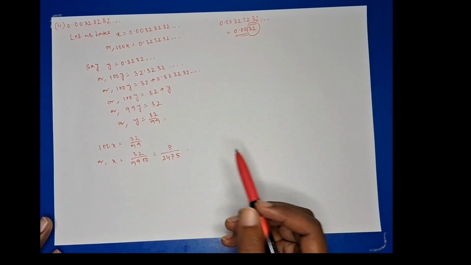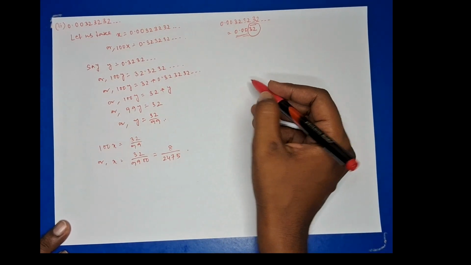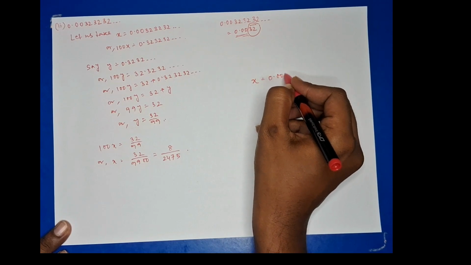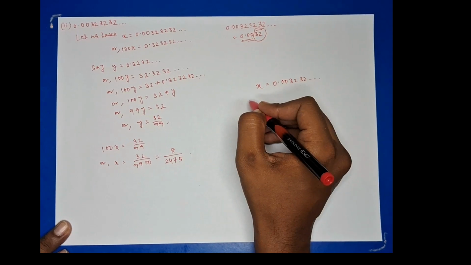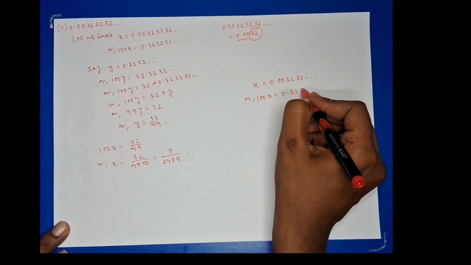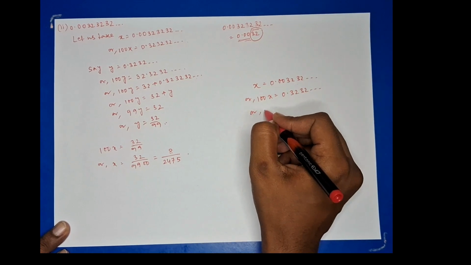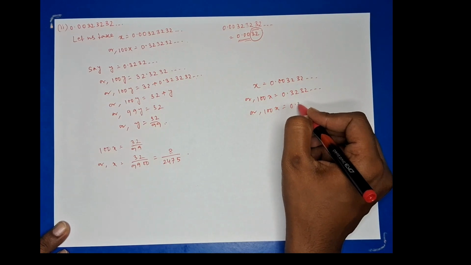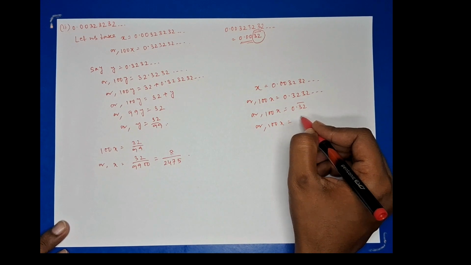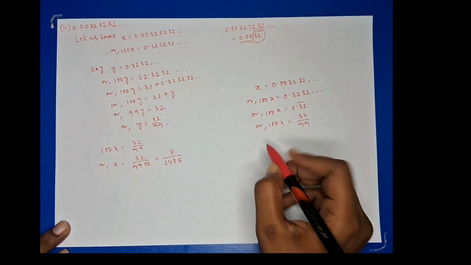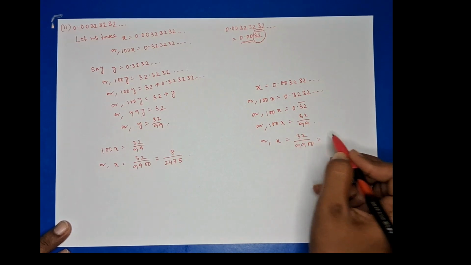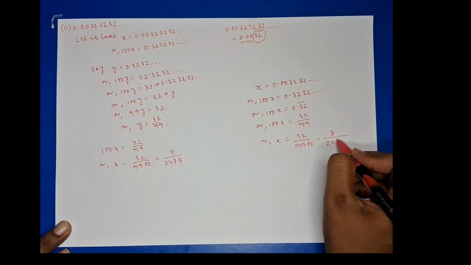And in a short method, we can take x is equal to 0.003232 dot dot dot, so 100x is equal to 0.3232 dot dot dot, which is 0.32 bar, and we can directly write 0.32 bar as 32 by 99. So x will become 32 by 9900, that is equal to 8 by 2475.